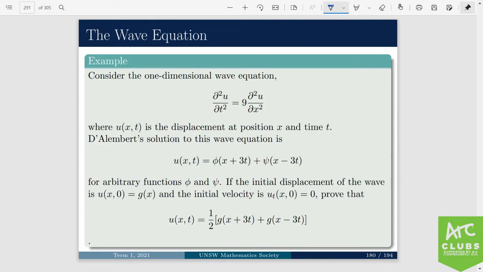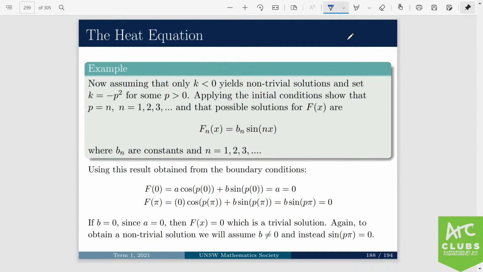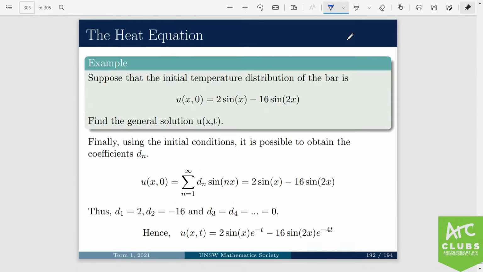Once you've solved all the way through one, you've got a pretty clear understanding of how to solve other ones. The only thing that's different about this one is it tells you to assume this solution and work through that way. But aside from that, a lot of these are very, very similar. So I think we'll wrap up there.